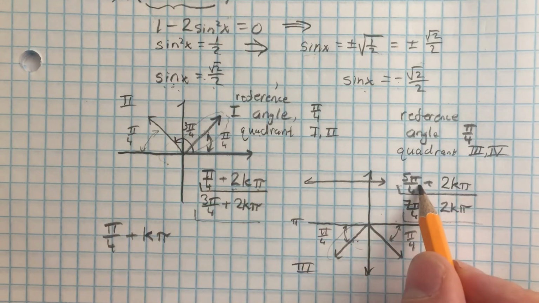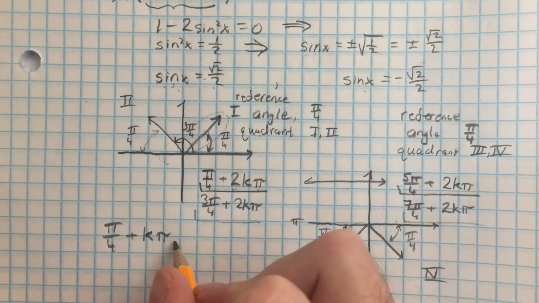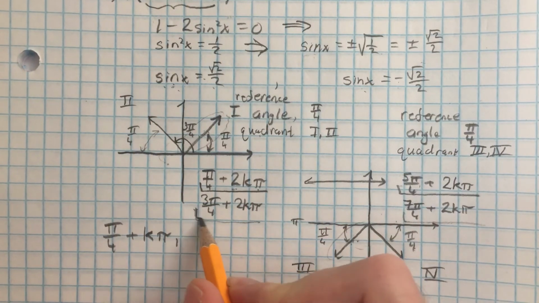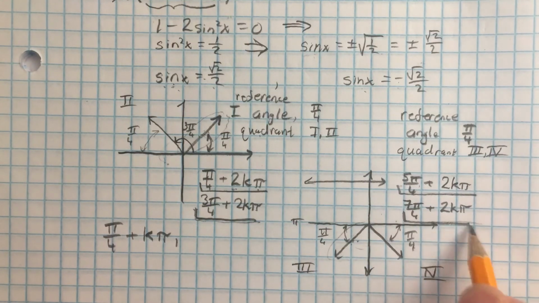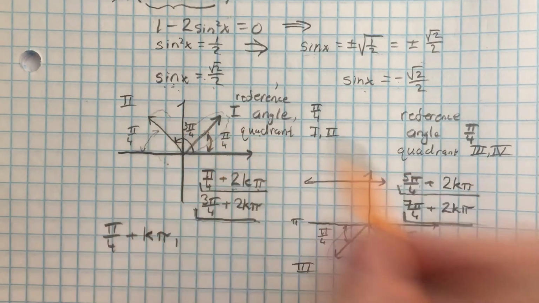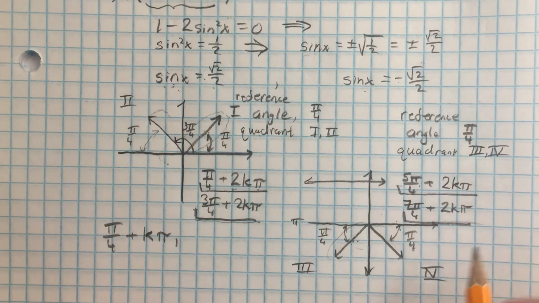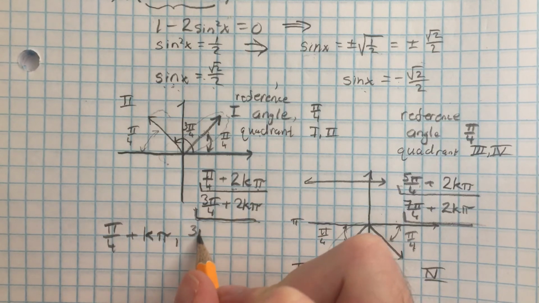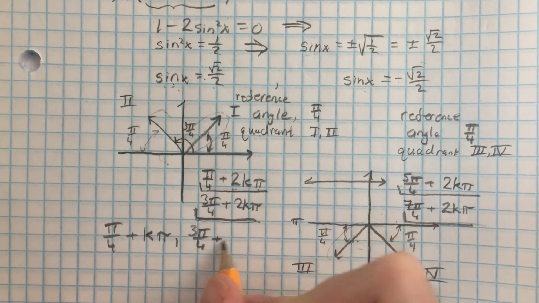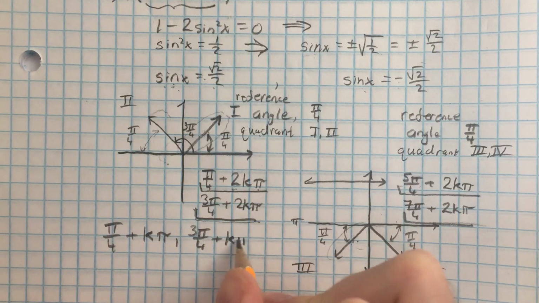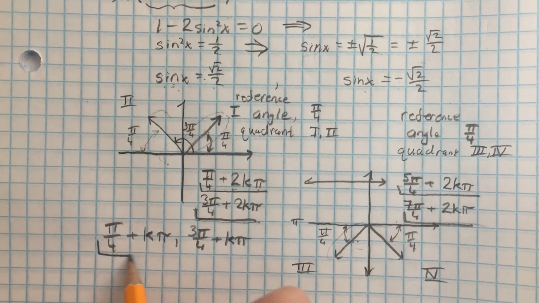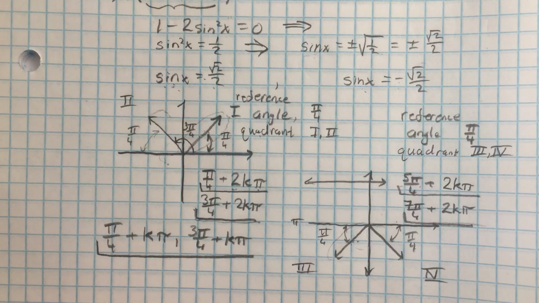So those two you can condense into pi on 4 plus k pi, and then you can play the same game with the latter two. Right, this one here coupled with this one here is the same argument. So this can be condensed down to 3 pi on 4 plus k pi. So that is the true solution set to the whole problem.